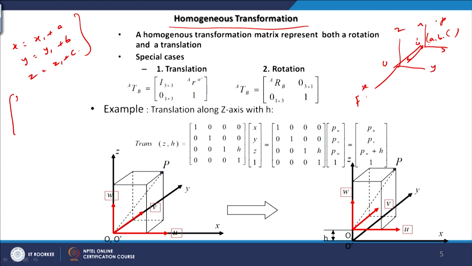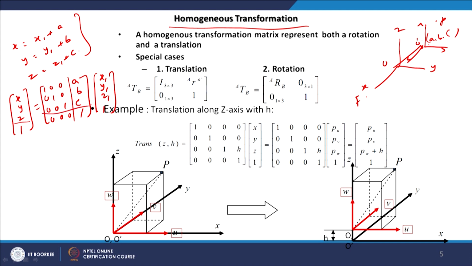So instead of representing the vector x, y, z with 3 numbers, if I represent it with 4 numbers, where the fourth number is a dummy value 1, then we can write the relation between x and x1, y1, z1 in the following way. This can be written as 1 0 0 a, 0 1 0 b, 0 0 1 c.